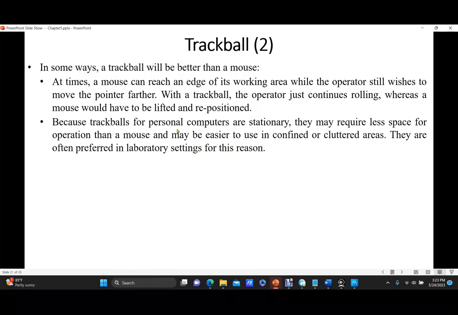Because trackballs are stationary, they require less space for operating than does a mouse, and that makes them easier to use in confined or cluttered areas. For this reason, they are often preferred for use in laboratory settings.